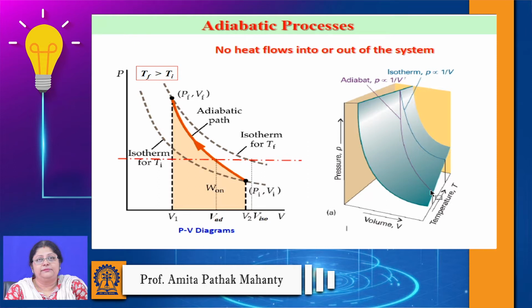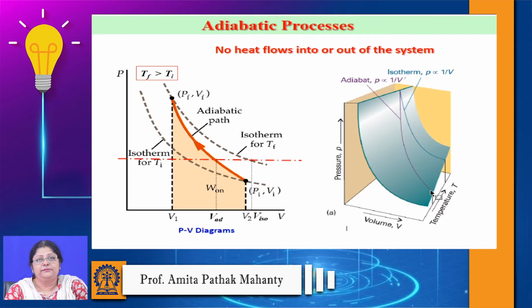So the gas expands at the expense of its internal energy. What happens when the gas expands? The internal energy of the gas is going to be reduced. So if the internal energy is reduced, the temperature of the gas is going to drop.